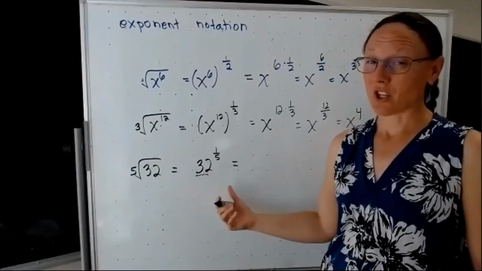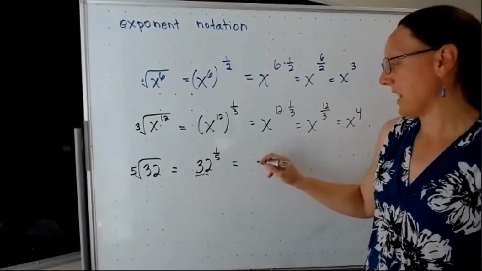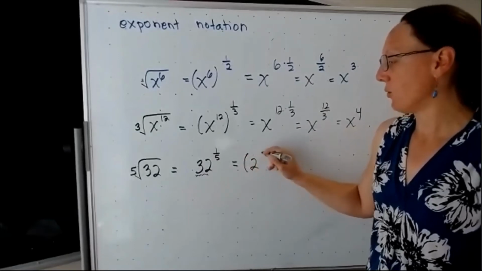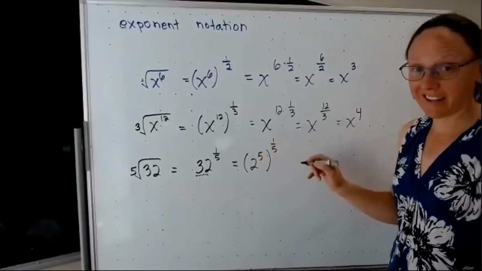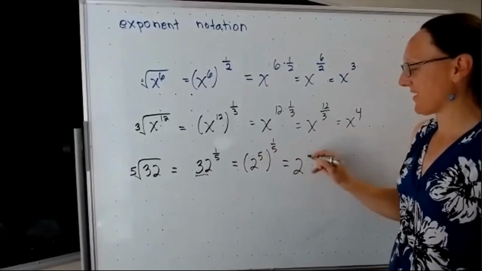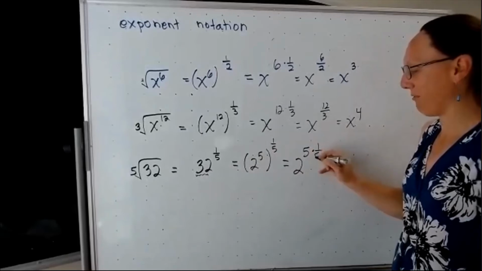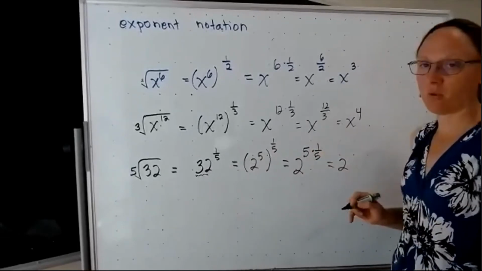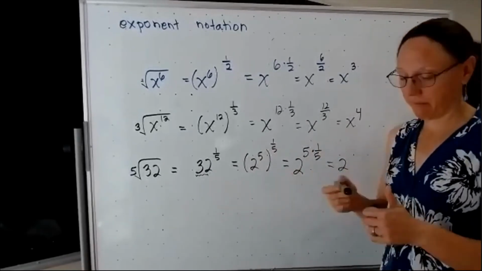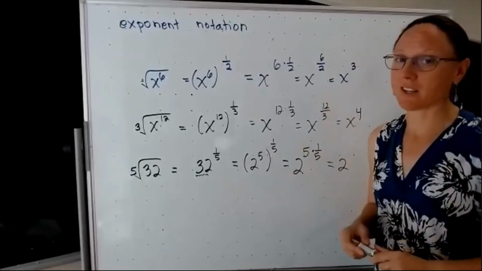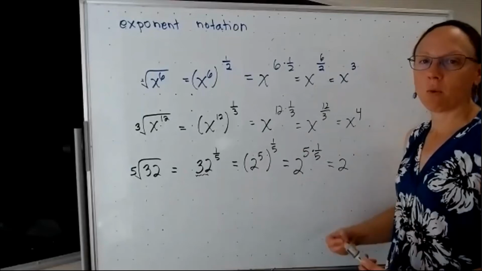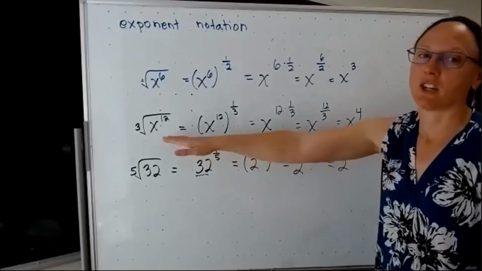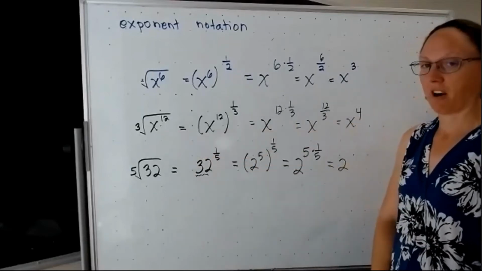So that 32, I could write as 2 raised to the 5th. And then I can do the multiplication thing and say that's 2 to the 5 times 1/5, or just 2. It's just the way my brain works. This is less intuitive for me with numbers. It's more intuitive to switch to fraction exponents for variables.